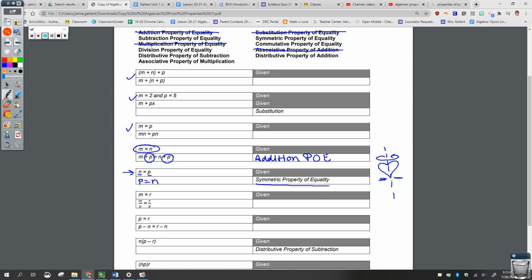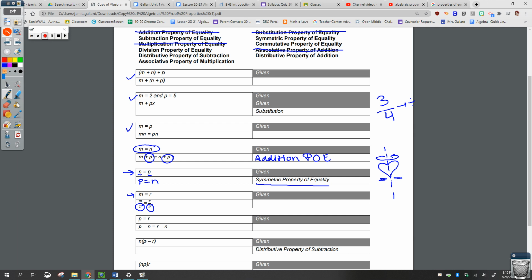Next one, m is equal to r, and then I have m over p is equal to r over p. So now it just looks like we threw fractions in. But if you remember what a fraction is, like the number 3/4 actually means 3 divided by 4.